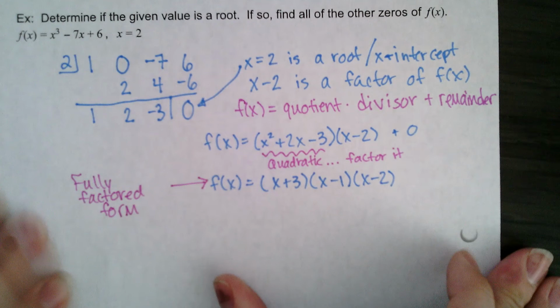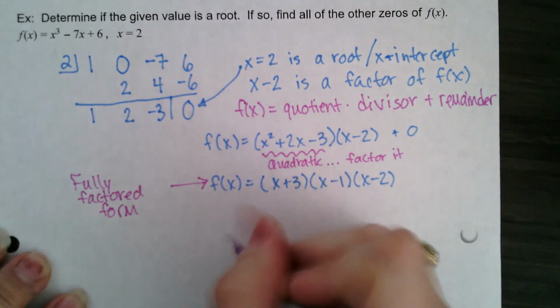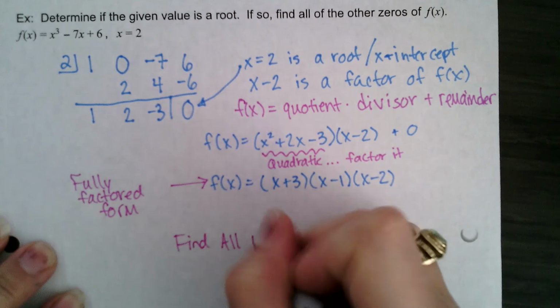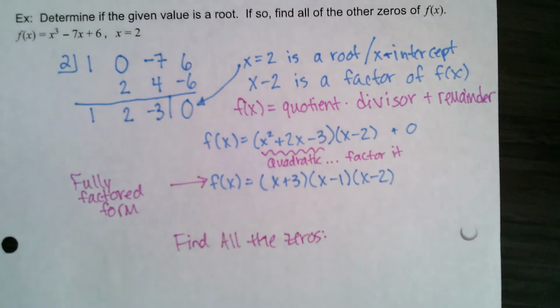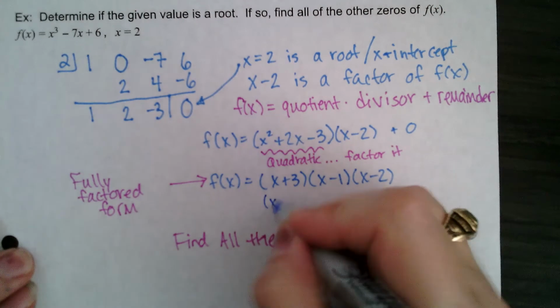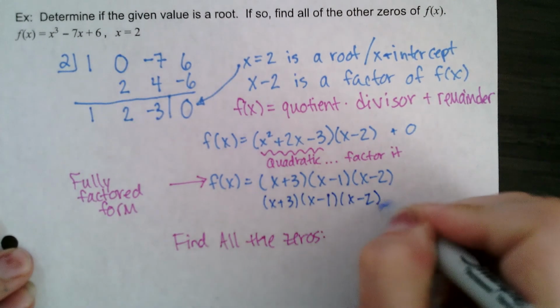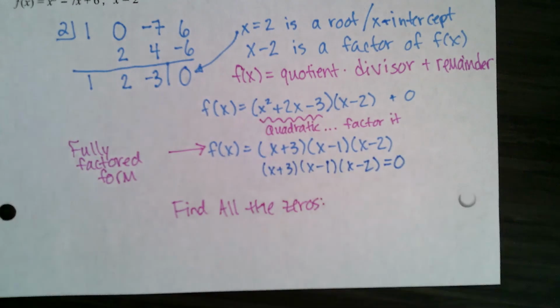It's in fully factored form, but what it wanted us to do was find all the zeros. And the way that we find all of the zeros is by using that zero product property. So we take each of these parentheses and set them equal to 0, because when we find x-intercepts, that's what we do.